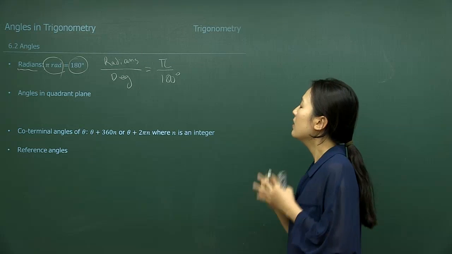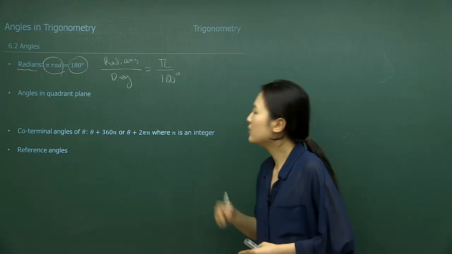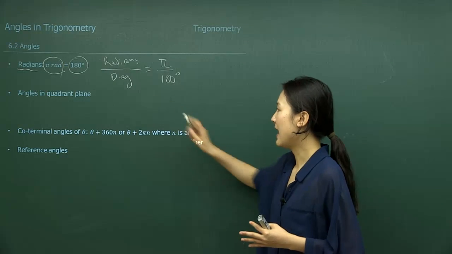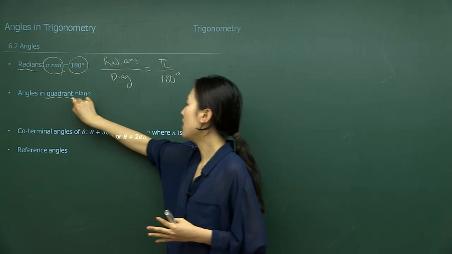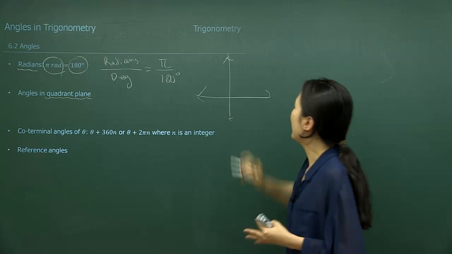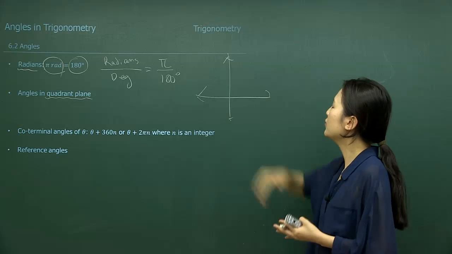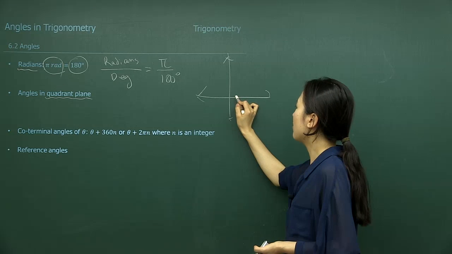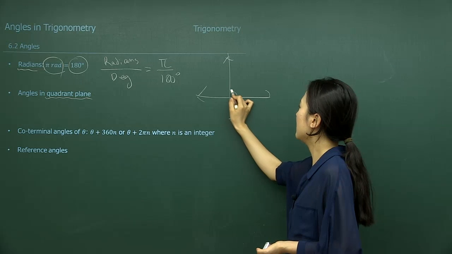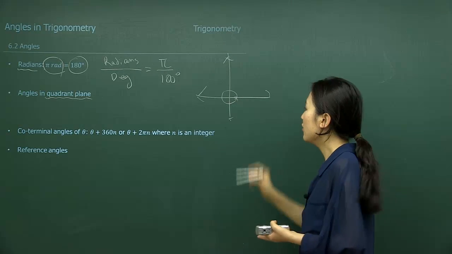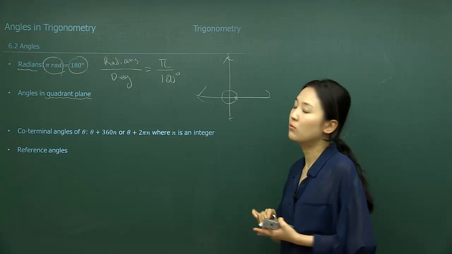Okay, so now we know that there are actually two different measurements when it comes to angles. Now, angles are actually graphed on a quadrant plane as well, because if you think about it, once you start from a point and go 360 degrees around, you're back to where you were before.